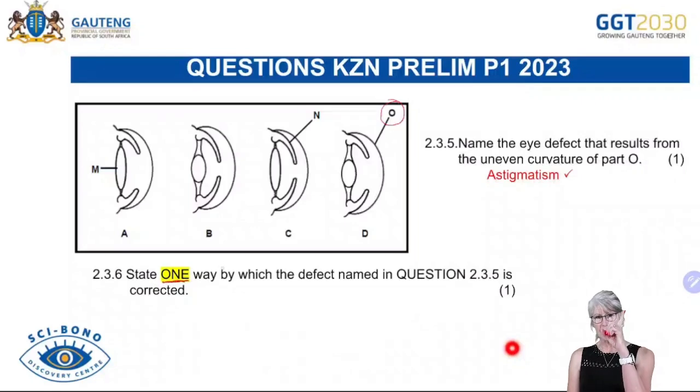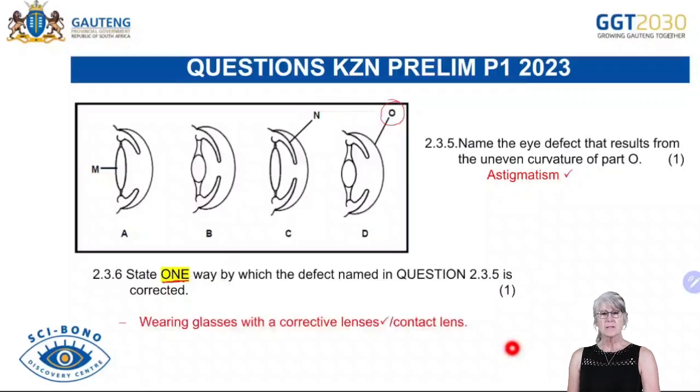Okay, and then the next question, again, they're asking, state one way. Okay, so they only want one. Don't give 3 or 4, just one way by which the defect named, so astigmatism, is corrected. And that would be to wear specialized lenses. Okay, they're corrective lenses that are going to then improve the vision.